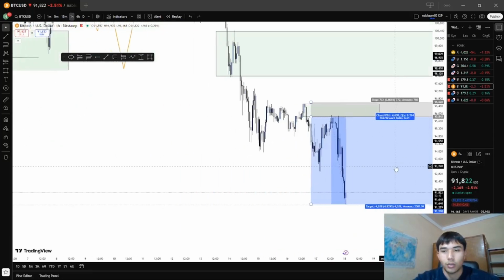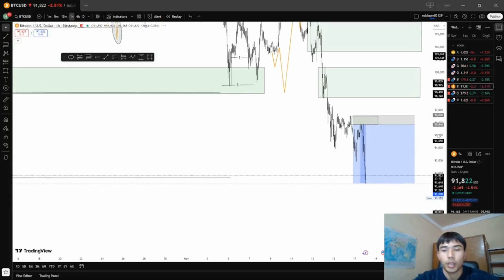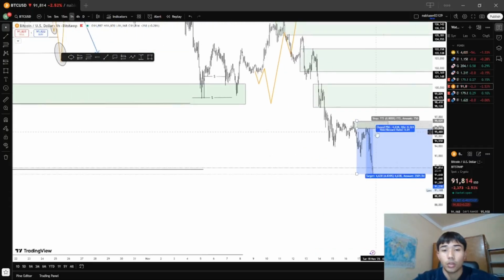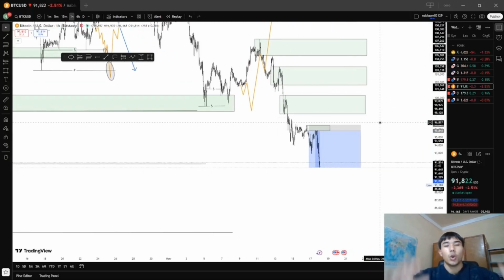So I took the trade on a 1 hour time frame, marking out supply zones according to the higher time frame alignment. Because when you are taking trades, you have to mark out your key levels from the higher time frame to the lower time frame. You have to identify your daily bias.